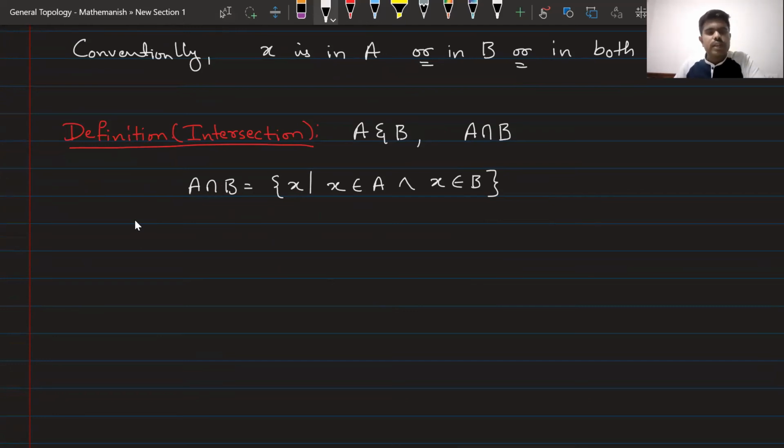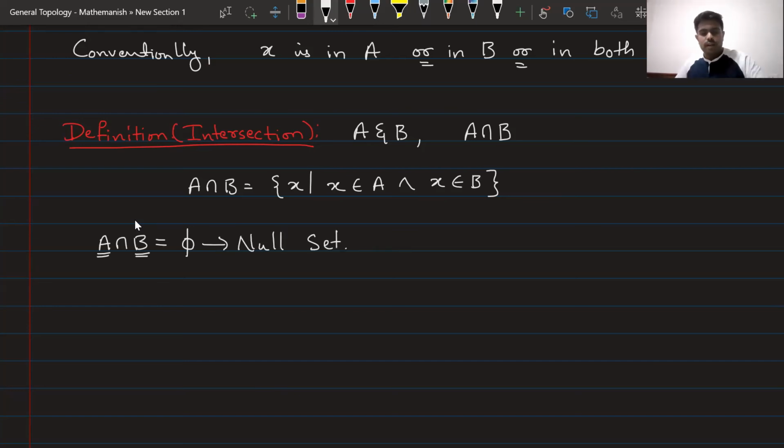Suppose that there is no common region, then I denote A intersection B as phi. This is where the concept of the set with no elements comes. A has some elements, B has some elements, but there are no elements in common. So the intersection of those two is a set which has no elements. This set is known as the null set.